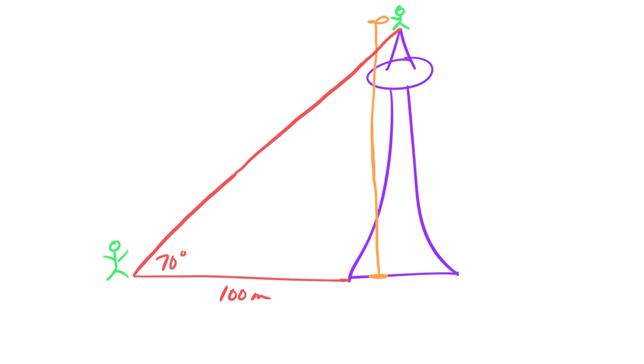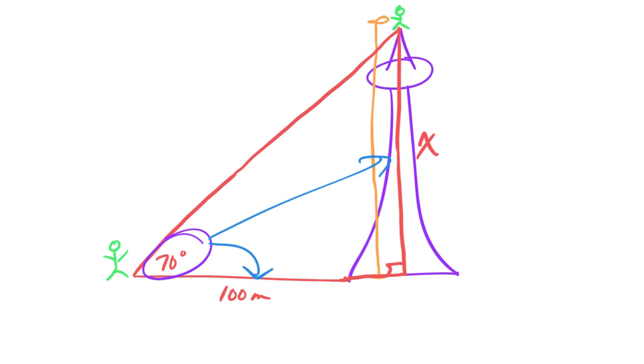Well, if I know how far I am away from an object, and I know this angle of elevation to get to the top, then that vertical object forms a right triangle. So look what you got. If I want to solve what is x, then from that angle, I now have opposite side, adjacent side.